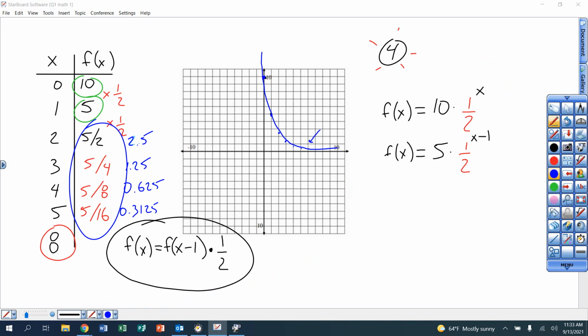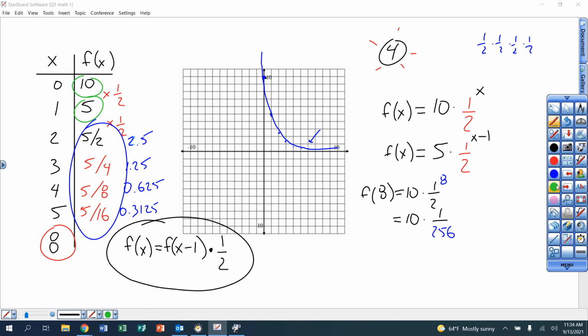Here I go. First one. Let's do this in black. To find the 8th term: 10 times 1/2 to the 8th power. That's a half times a half times a half, all the way, 8 of those. So that's going to be 1/2 to the 8th power. That gives me 10 times 1/256.